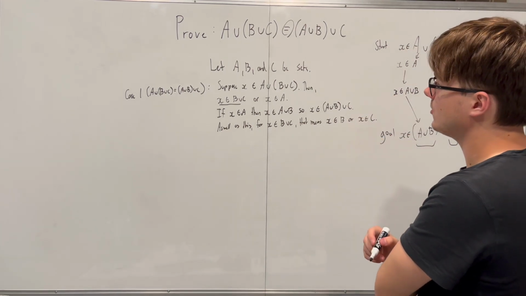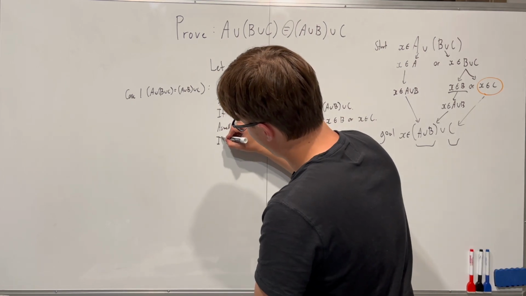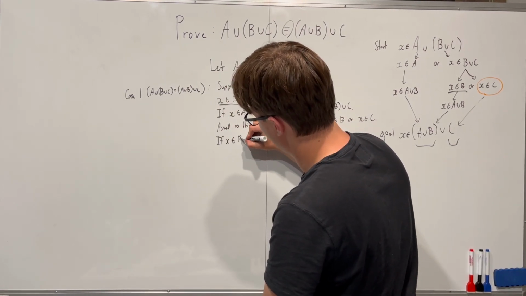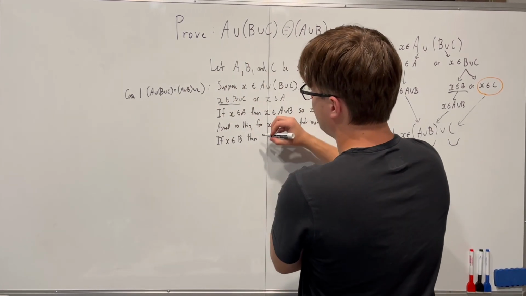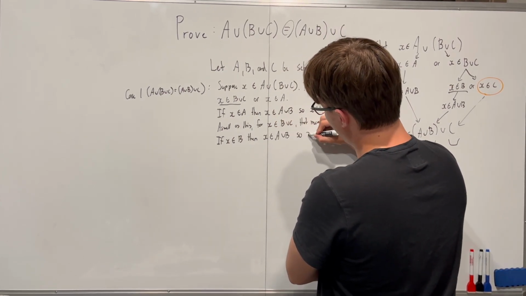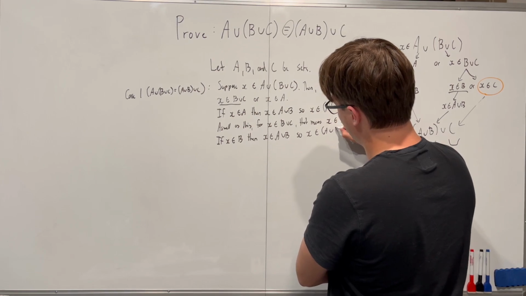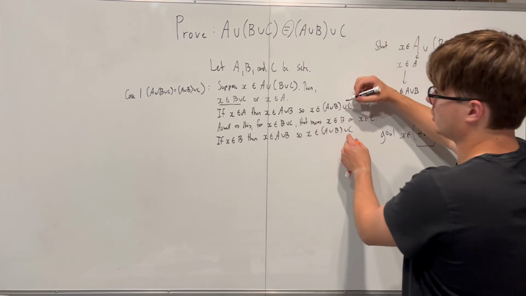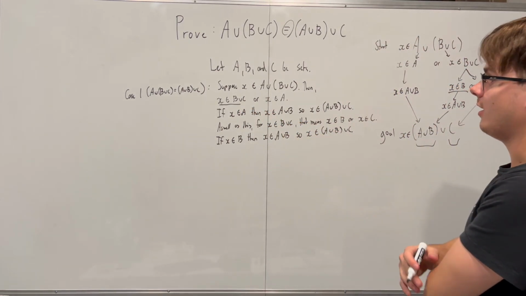So now we go into these two scenarios. We say if X is an element of B, then X is an element of A union B, so X is an element of A union B union C, right? We're just using the same argument we did for A.